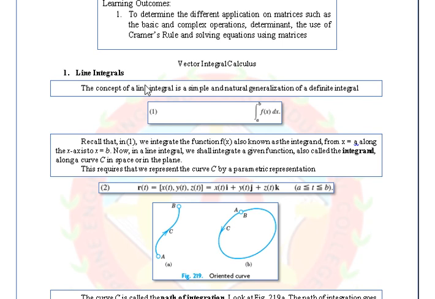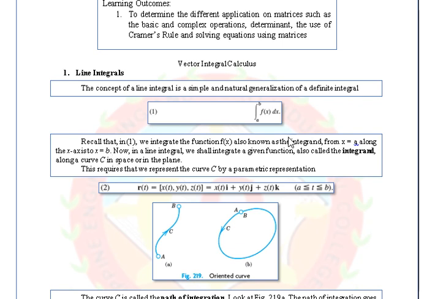So we have here the concept of the line integral, which is a simple and natural generalization of a definite integral. It is defined by this integration: the integral of f of x dx, integrated from a to b, where a to b are the end points of the path that we are specifying.